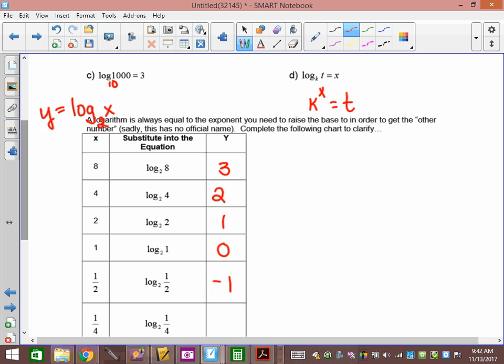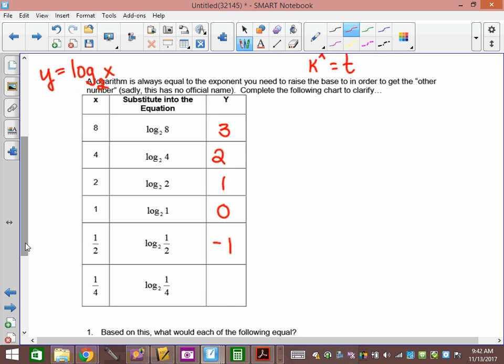And why would that be? Well, I'll show you. You can go log base 2 of a half, which is log base 2 of 2 to the what? Now, when you have base to the exponent, it always equals the exponent. So if I had log a to the b, it would equal b.